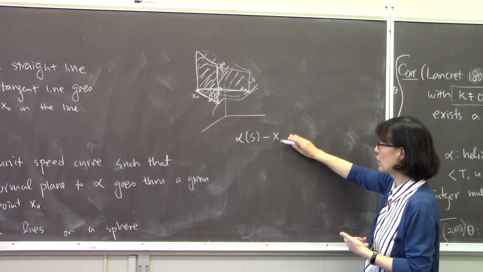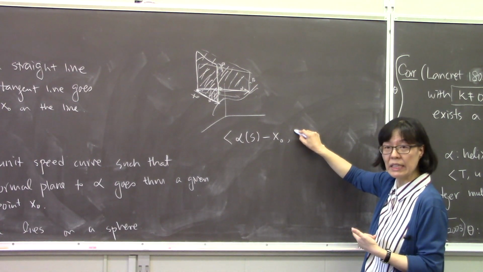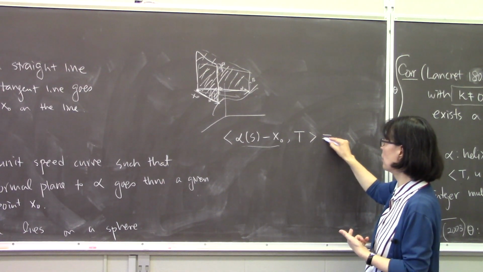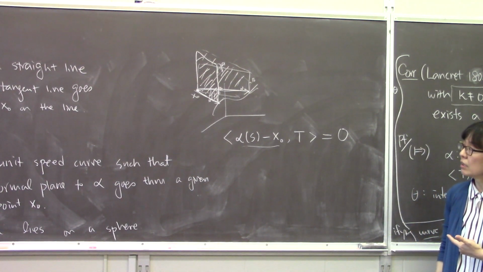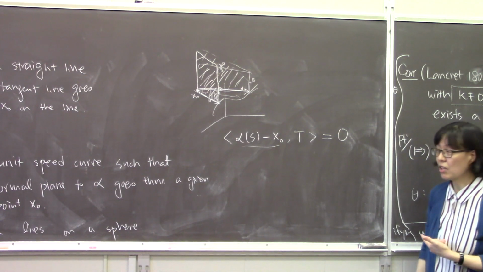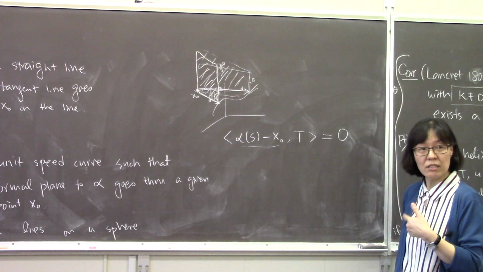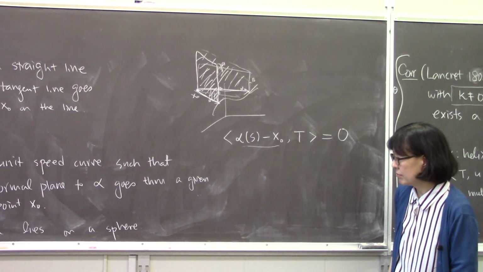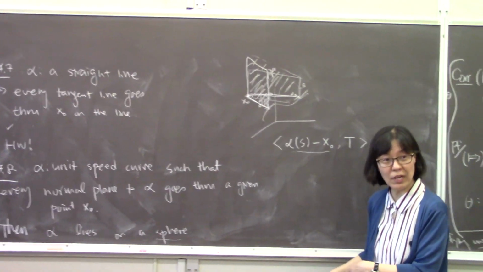That means this, this is in the normal plane, this, with t, is 0. Okay? So because of the assumption, we can say that one. Is that right? Does it have to be a sphere? Yeah, I'm going to show the why.